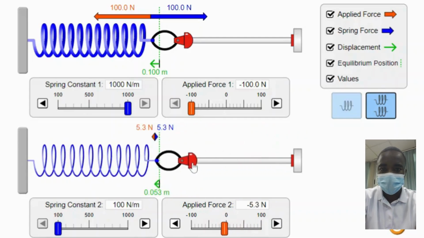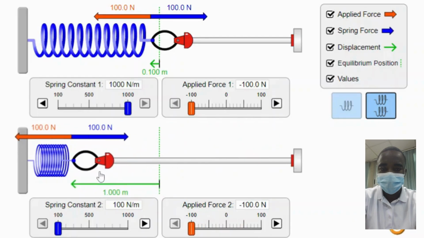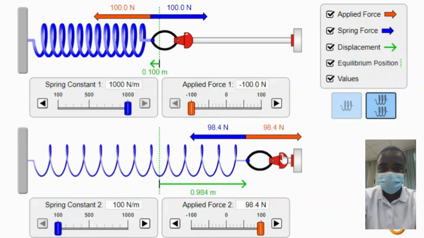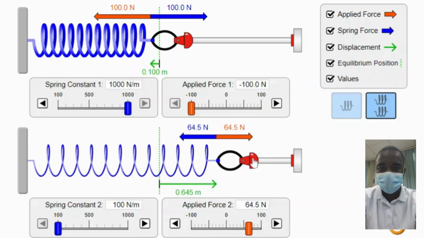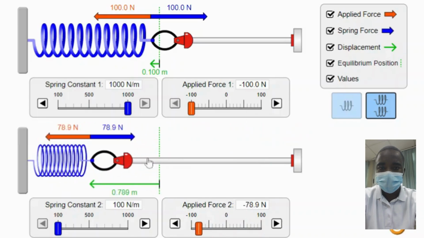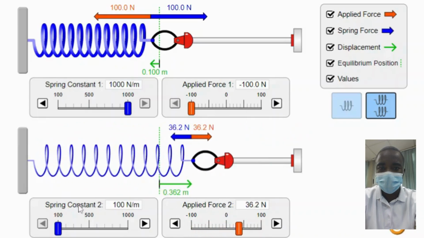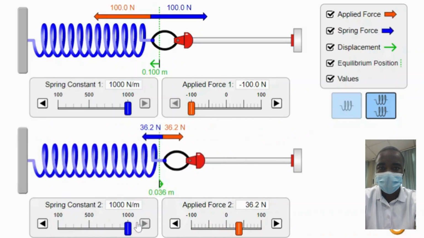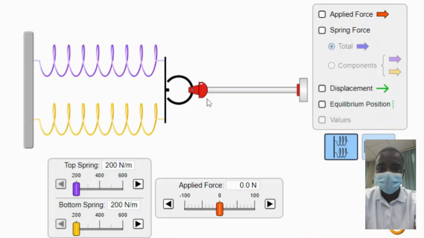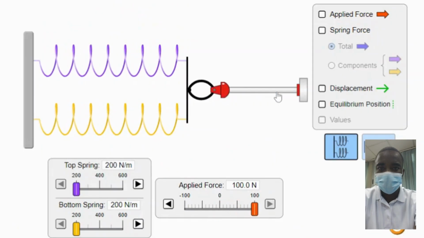The simulation allows students to connect two springs in series or parallel and observe how the effective spring constant changes. Furthermore, the simulation allows students to observe how the potential energy changes with the applied force, displacement, and spring constant. The simulation provides a hands-on approach to exploring the relationships between applied force, displacement, and equilibrium.